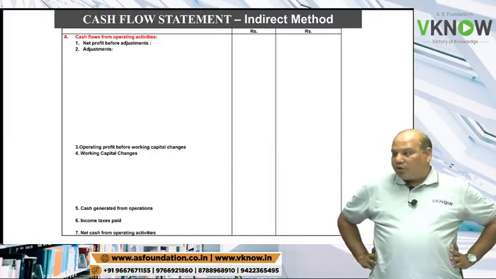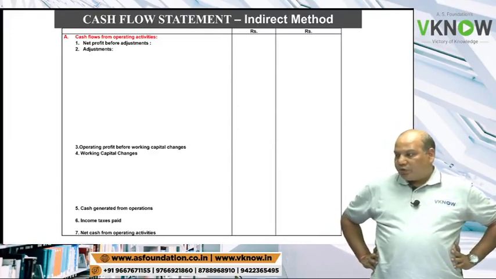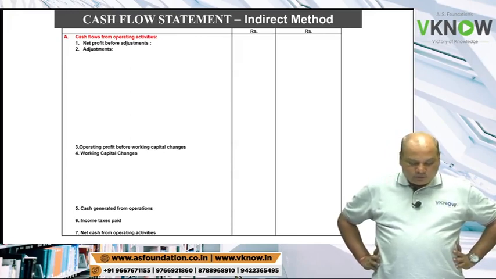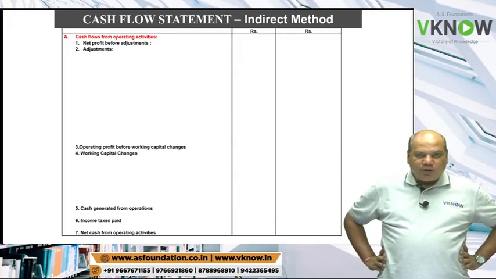Okay, this is the format on the screen. Please draw this format. First point A, cash flow from operating activities.